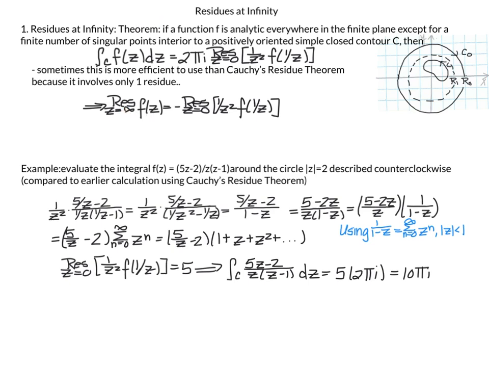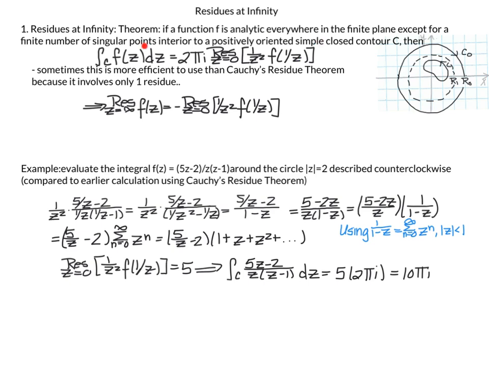We have this theorem: if a function f is analytic everywhere in the finite plane except for a finite number of singular points interior to a positive-oriented simple closed contour C, and this is our picture, this is our contour C, so there's a finite number of singularities here, but otherwise everywhere else f is analytic, then the closed contour integral around C is equal to 2 pi i times the residue at z equals 0 of the function 1 over z squared times f of 1 over z.